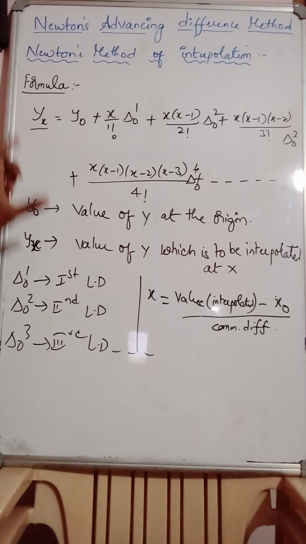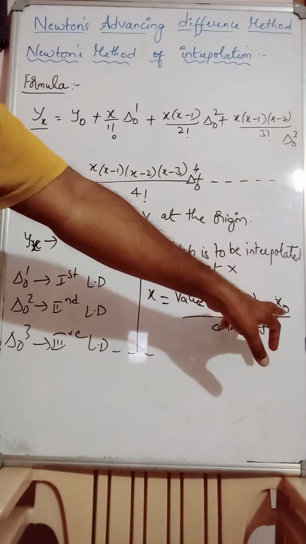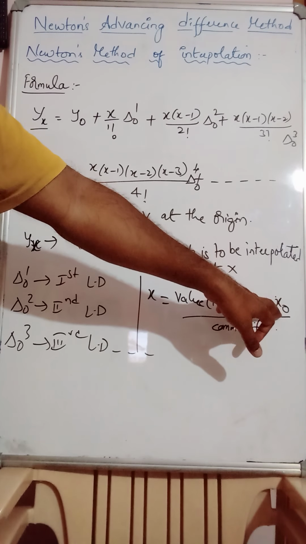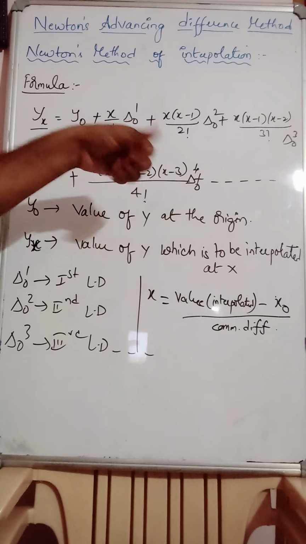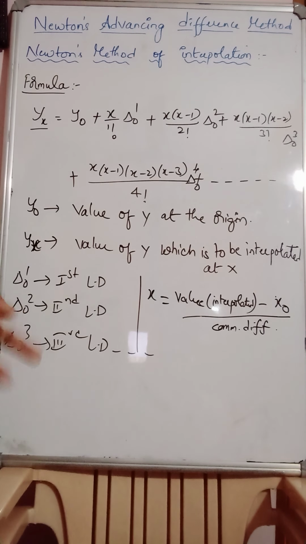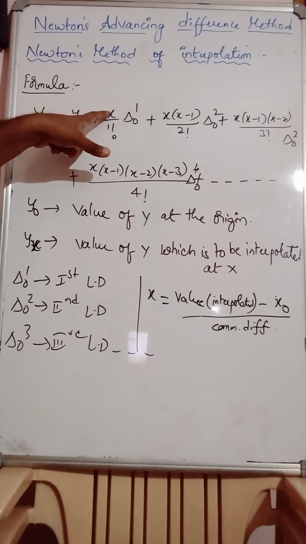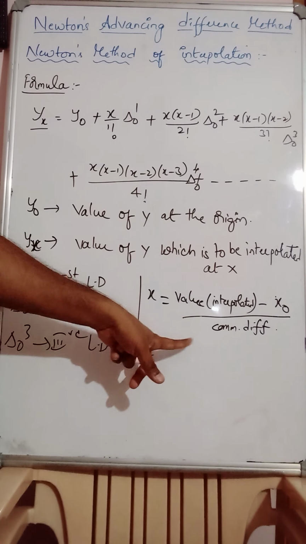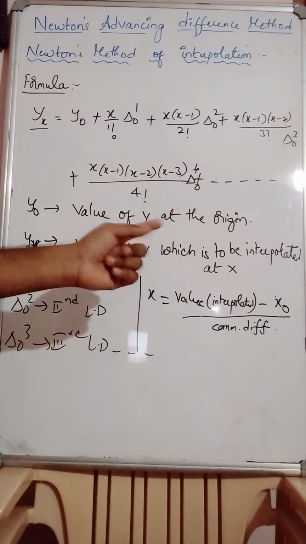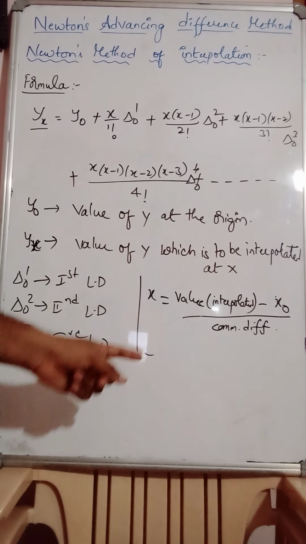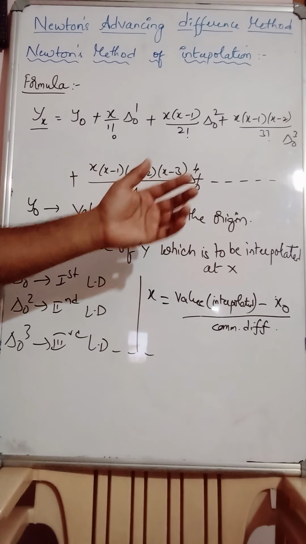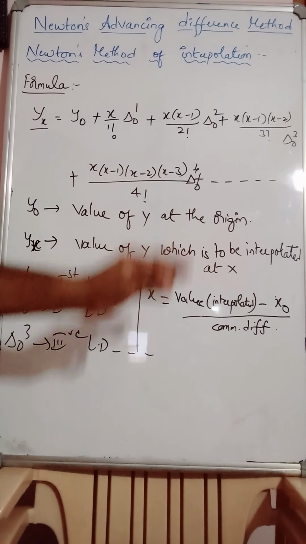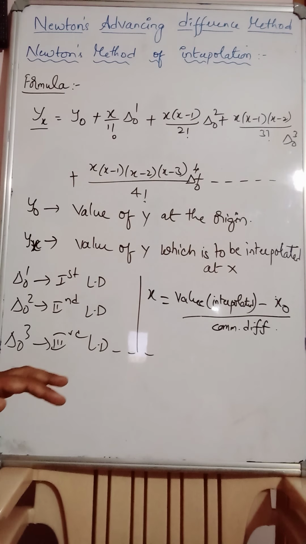Y naught is the value at origin. X naught is the value of x at the origin. Delta naught 1, delta naught 2, delta naught 3, delta naught 4 and so on, all those are leading differences. From the table you will get them. And then this x value, which is to be obtained by using the formula, what is it? Value which is to be interpolated minus x naught, the value of x at the origin, divided by the common difference among the adjoining x values.